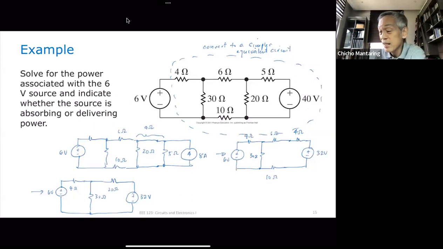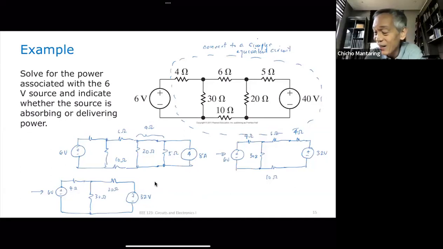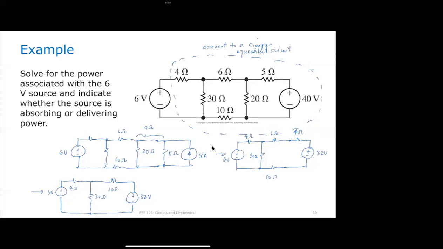Okay. So what next? Any suggestions? Yes, Romeo. Sir, convert it po again to current source. Okay, so again, we can convert this again to a current source. So anong magiging value ng current source? 1.6 amps.